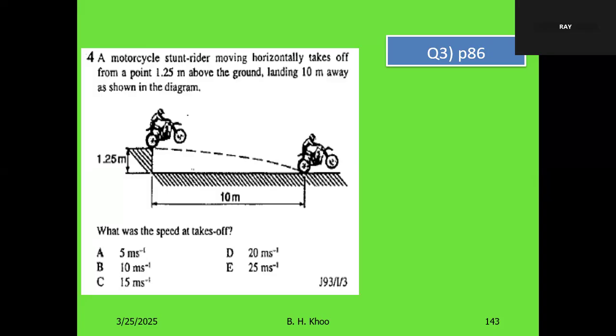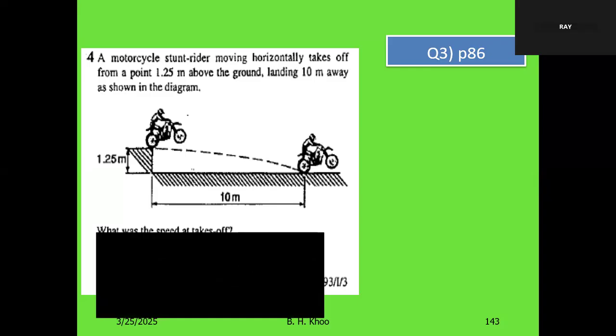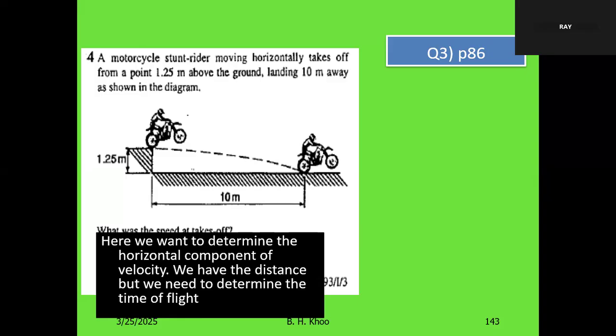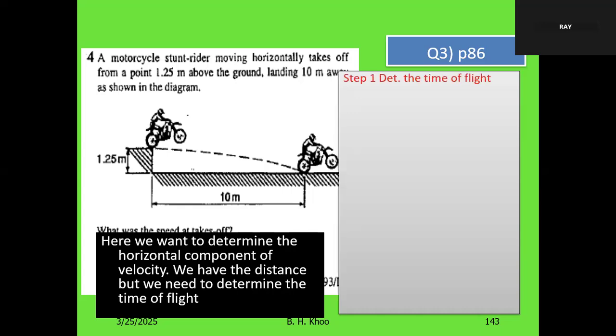What is the speed at takeoff? Can find the vertical time. Here we want to determine the horizontal component of velocity. We have the distance, but we need to determine the time of flight. That's the first thing. So consider vertical motion first.